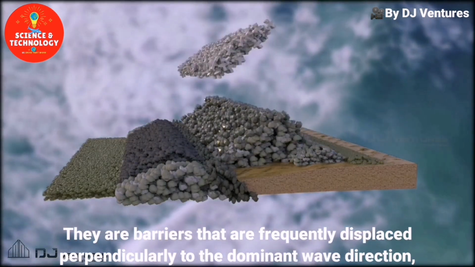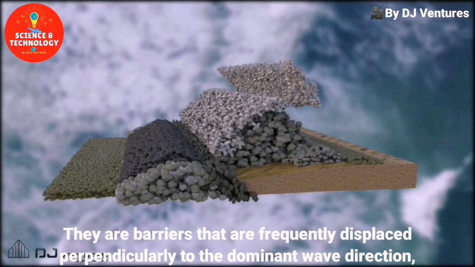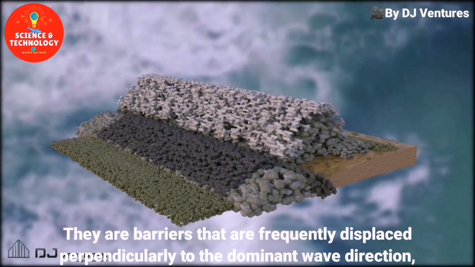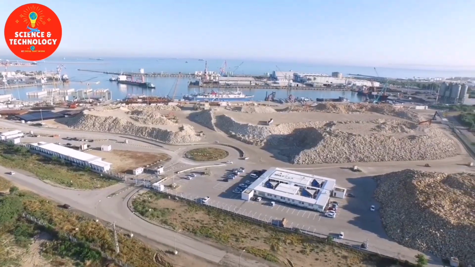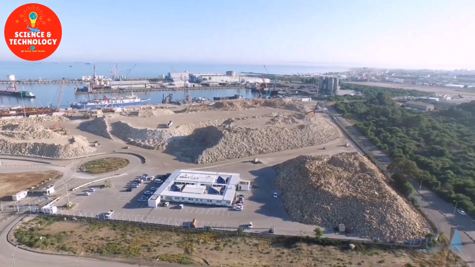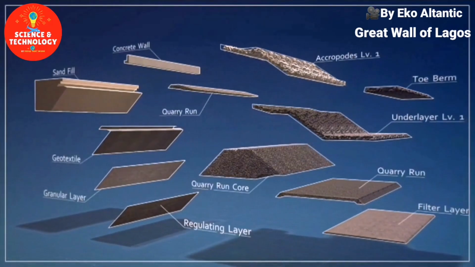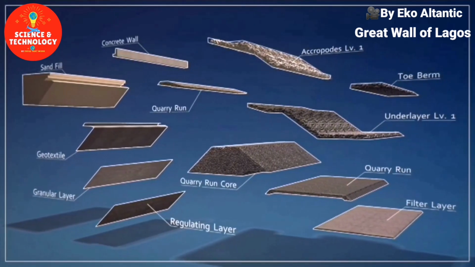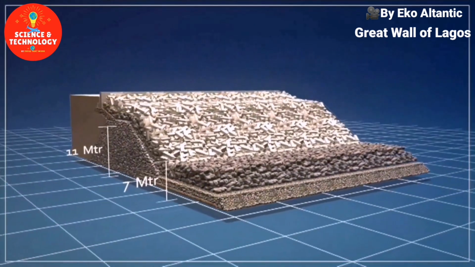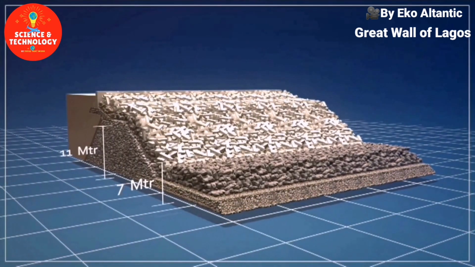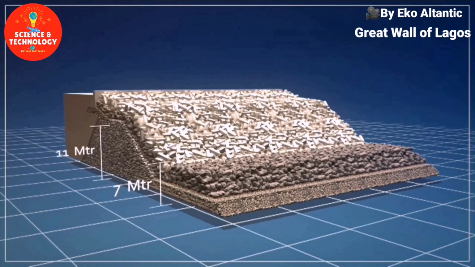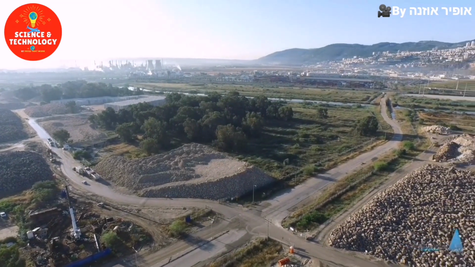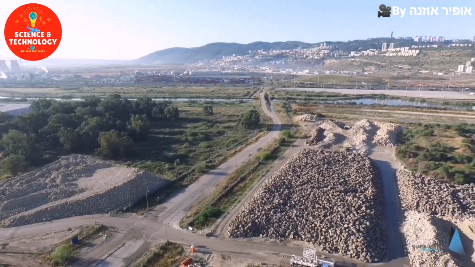They are barriers that are frequently displaced perpendicularly to the dominant wave direction, which absorb, refract, diffract and reflect part of the wave energy, therefore reducing the amount of energy that reaches the shoreline.